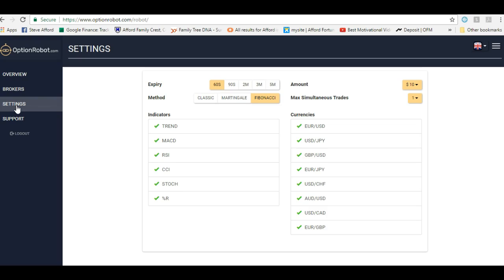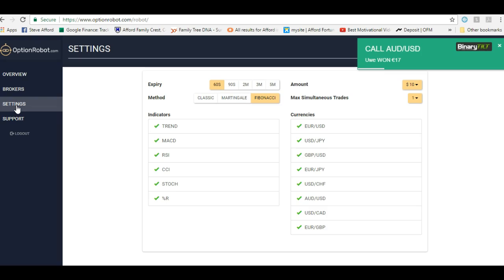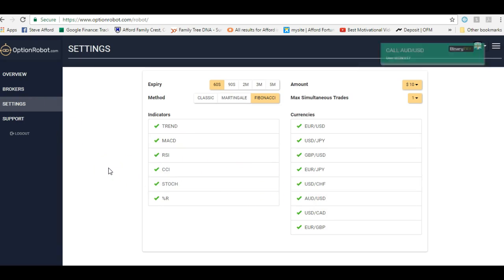Signals can be interrupted by some means, one way or the other. And wherever you are making a trade, it's imperative that you set the robot's settings up suitable for where you are living, in accordance with Option Robot and the broker.